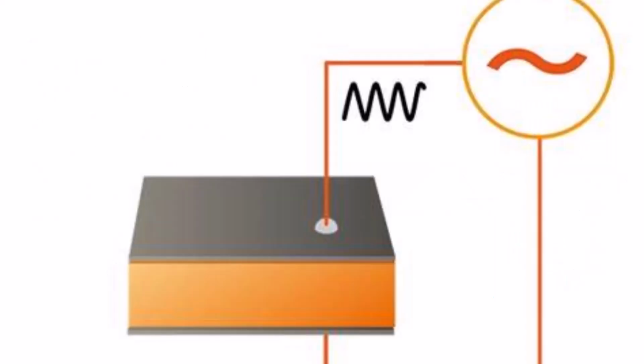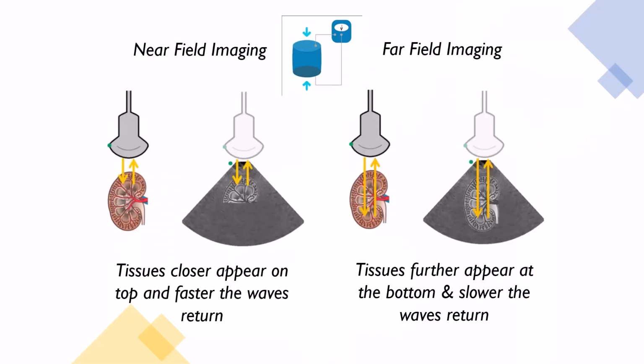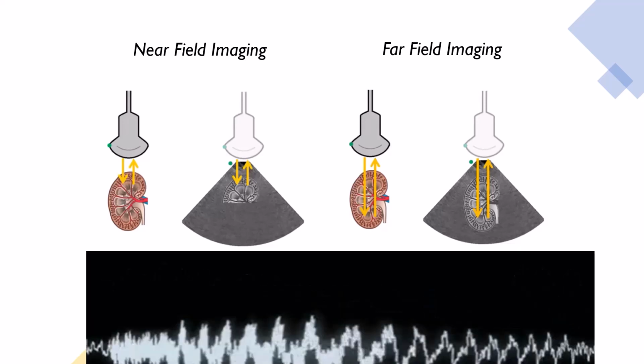Let's talk about the transducer element. The transducer typically uses piezoelectric crystals or capacitive transducers to generate or receive ultrasound. Piezoelectric crystals change their size and shape in response to voltage being applied. Next, we'll take a look at the generation of the ultrasound wave itself.